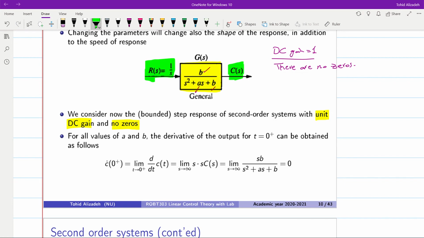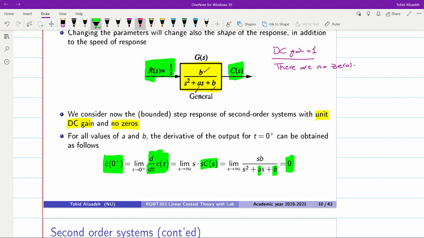Before we start, we can check this fact that the derivative of c at time 0 plus will always be equal to 0, regardless of the values that we have for a and b. And you can find it by this theorem that we have. The limit of dc(t)/dt as t goes towards 0 plus could be replaced by the limit of s times sc(s), which is dc(t)/dt, as s goes towards infinity.